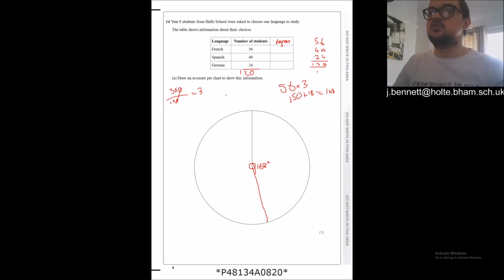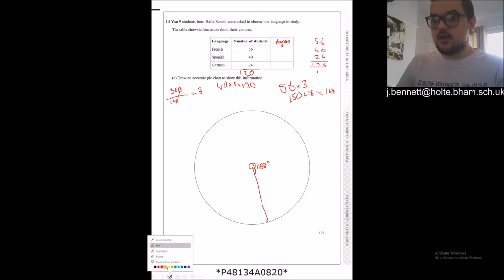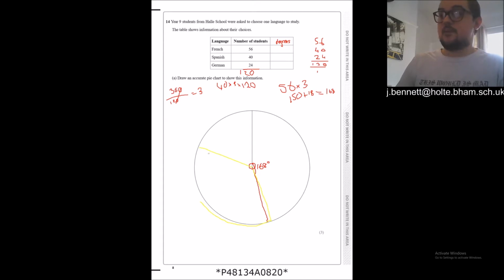Spanish, 40 times 3. That is 120. So what you do, where the 0 line is on your protractor, you'd put it on this line here, and then you'd measure 120 degrees up, and that's going to be somewhere around here, perhaps.